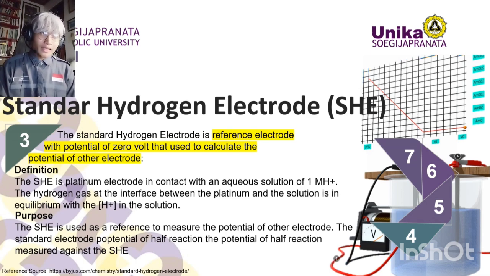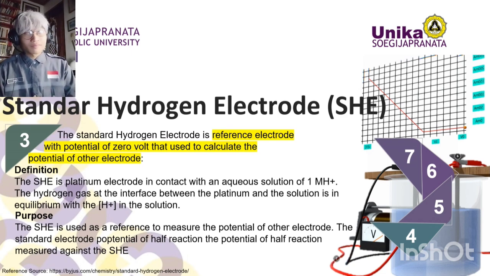The hydrogen gas at the interface between the platinum and solution is in equilibrium with the solution. The purpose of the standard hydrogen electrode is to serve as a reference to measure the potential of other electrodes, the standard electrode potential of the half reaction. The potential of a half reaction is measured against the standard hydrogen electrode.